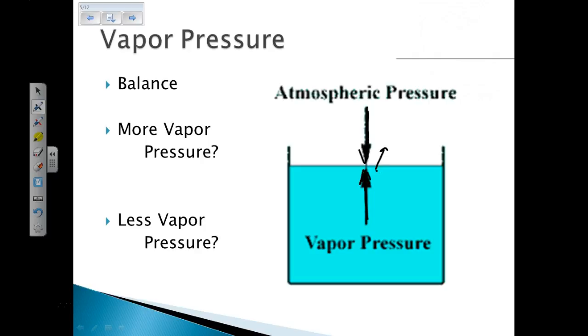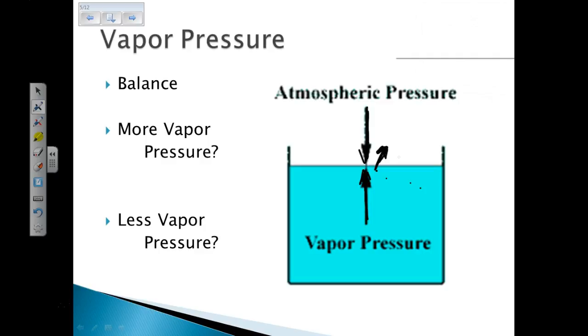Now, as we heat something up, molecules move more. When they move more, they jump out into the vapor phase more often, and therefore the vapor pressure will increase and cause more gases to form.